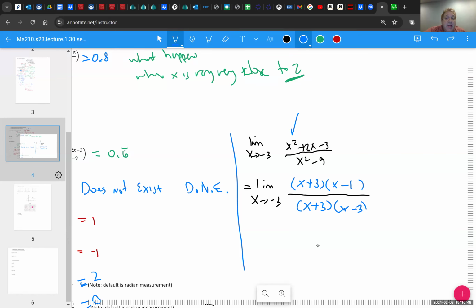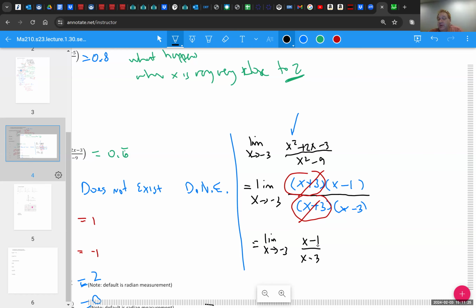Now, no matter what x value we choose close to -3, like -2.9 or -3.1, the x plus 3 on top and the x plus 3 on the bottom will be the same, and they will divide to equal 1, or some people like to say cancel. So for any value of x that's not exactly -3, these two will divide out to equal 1, and we're left with x minus 1 over x minus 3.